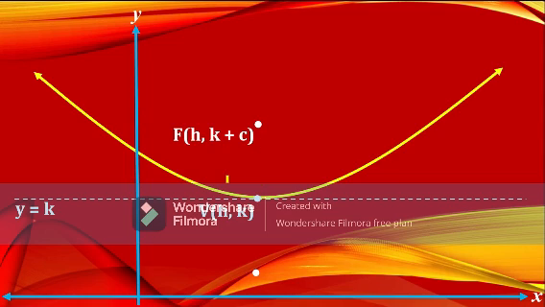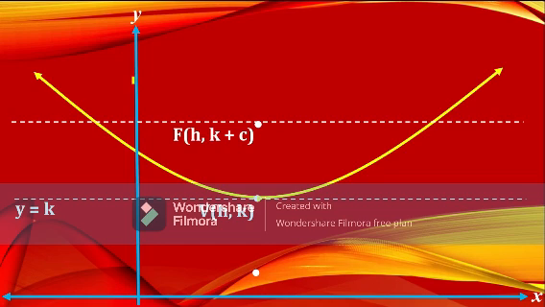And of course, this is h, because remember the x coordinate is h. Since this is k + c, the length from the vertex towards the focus denotes distance c.